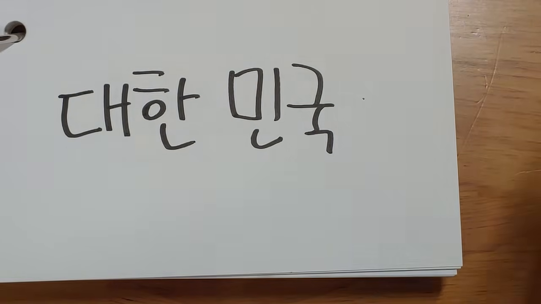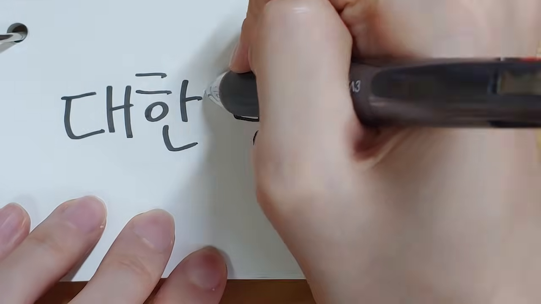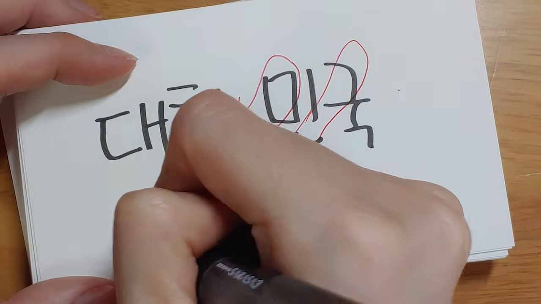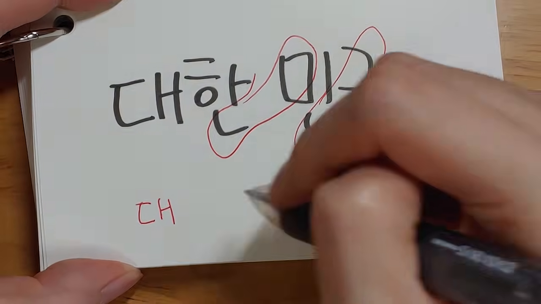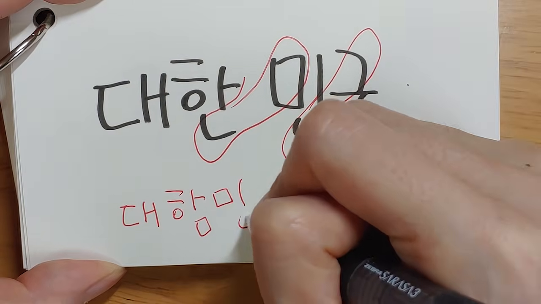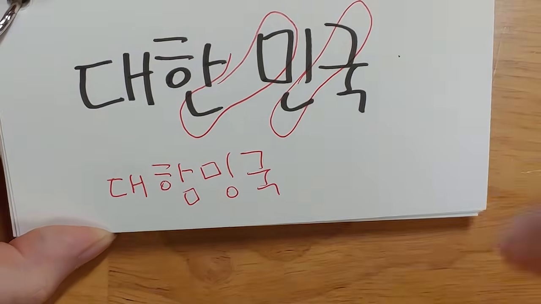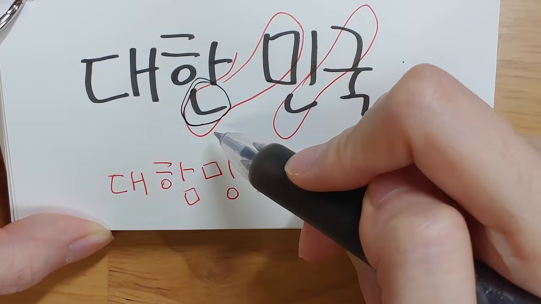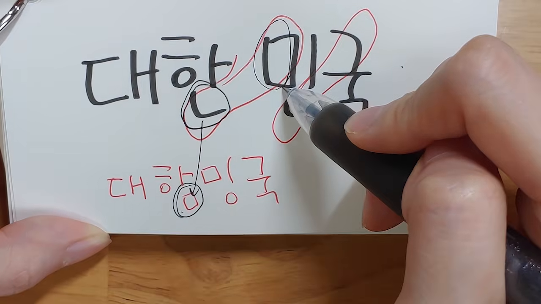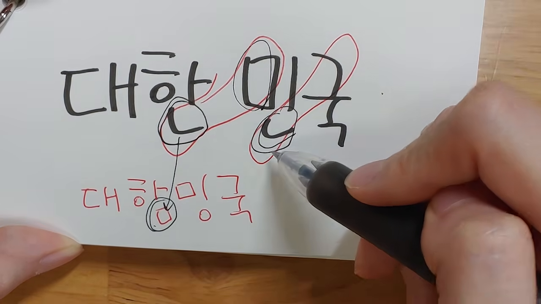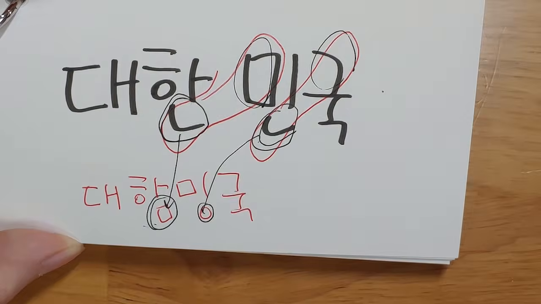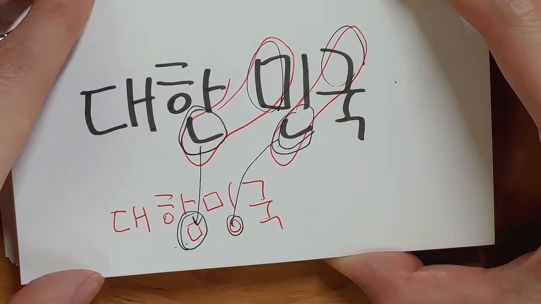And you can see that there are two consonant assimilations happening in these two parts. This softened to ㅁ as soon as it meets ㅁ, right? And this softened to ㅇ as soon as it meets ㄱ. So 대한민국, Republic of Korea.